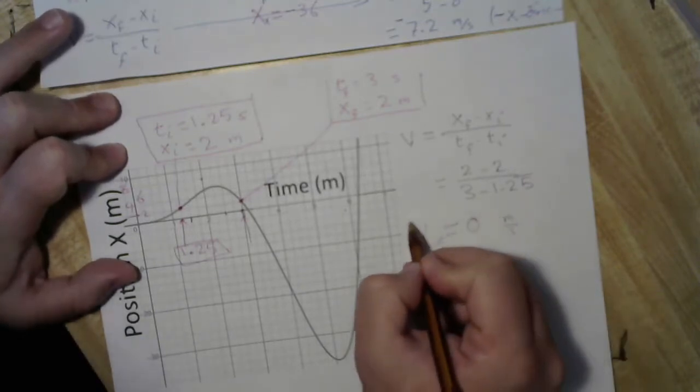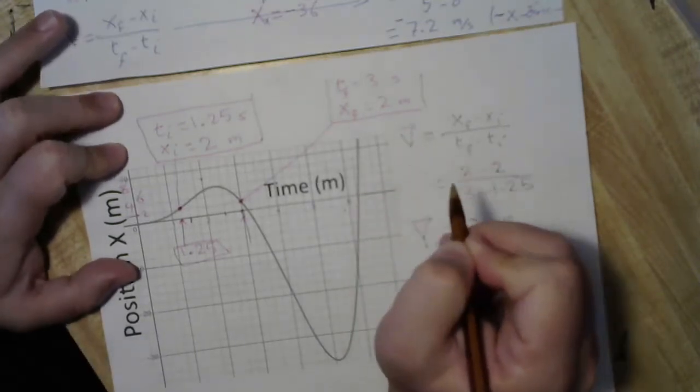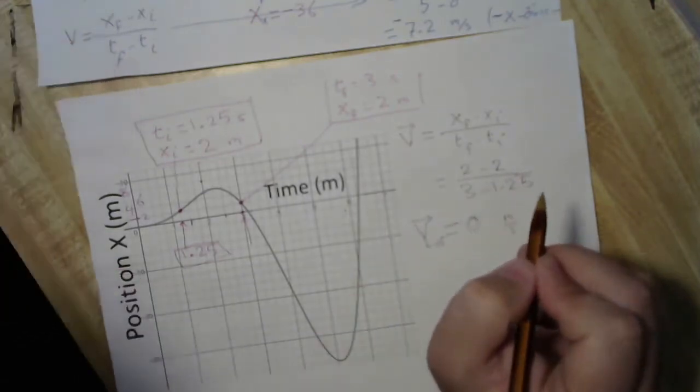It is velocity and it is a vector because I'm talking about velocity.